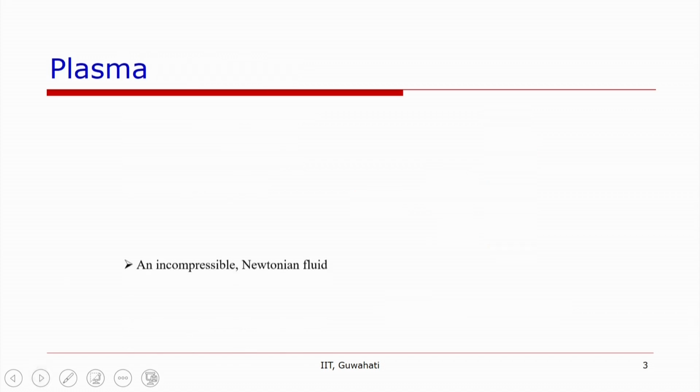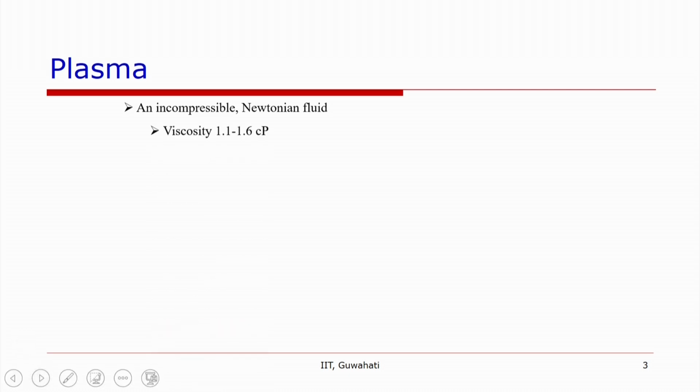Plasma is an incompressible Newtonian liquid which has a viscosity of about 1.1 to 1.6 centipoise. The viscosity of blood is dependent on a number of factors: the age of the human, the weather, the geographical conditions, the race, the pathophysiological condition.